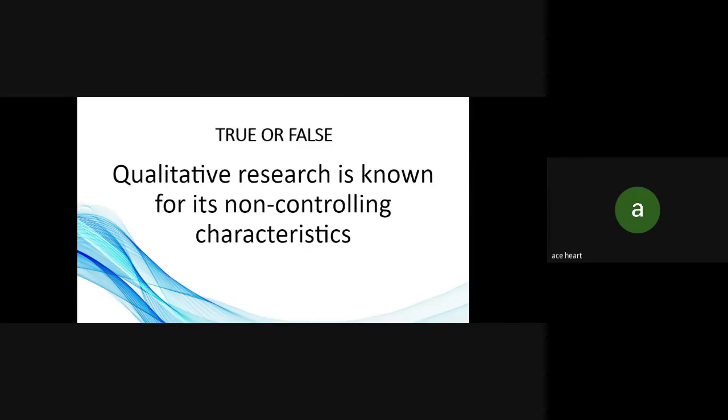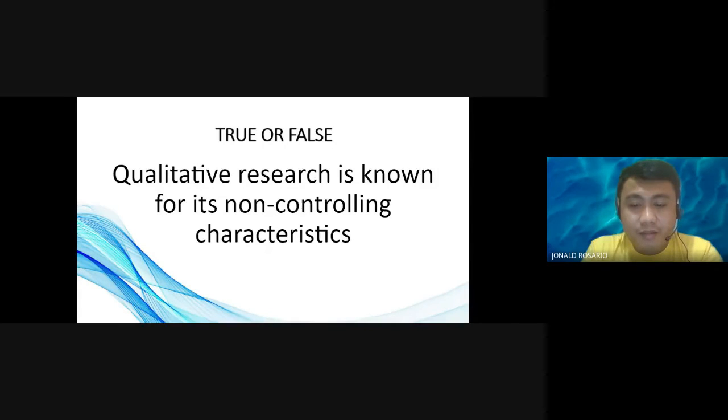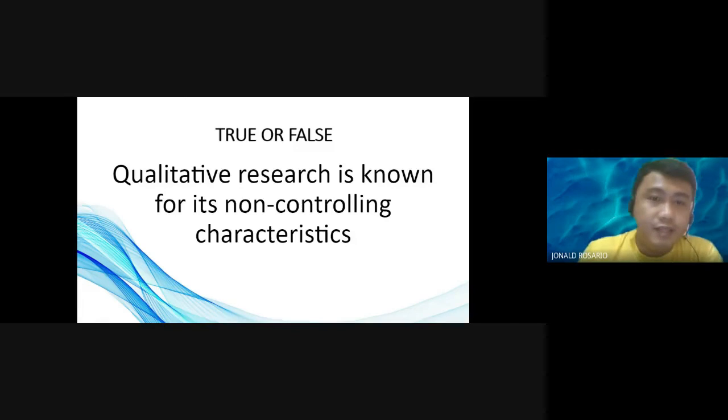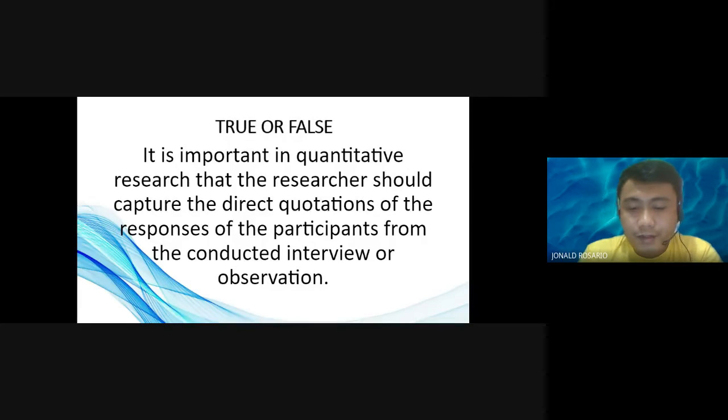Open-ended question. Tas based from reality. Okay, from real life situation, correct? Okay, what is that characteristic, Joanna? Naturalistic. Very good. So that's naturalistic. Qualitative research is naturalistic.